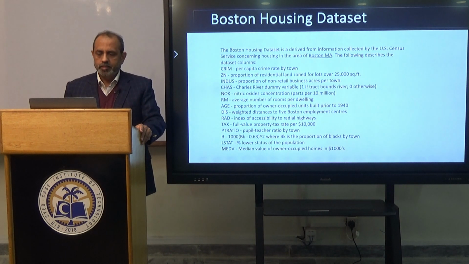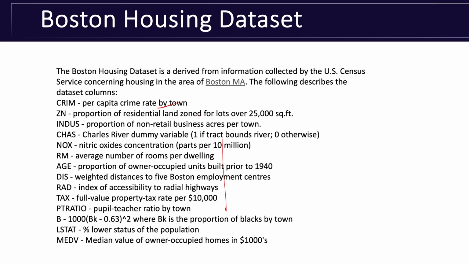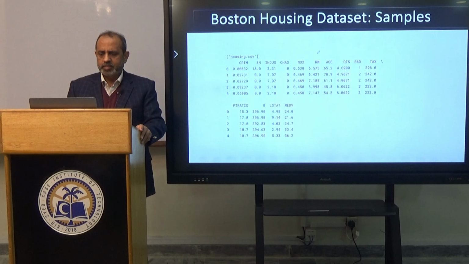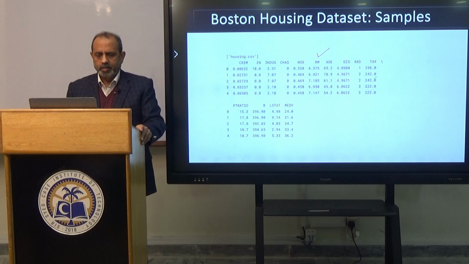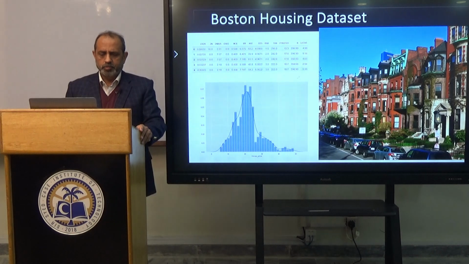This is Boston, a city in Massachusetts, and there are all these other features which they have gotten from the Bureau of Statistics, such as per capita crime rate and proportion of residential land. There are many features, and these are some of the samples of the data. There are, I think, 9 or 10 features.